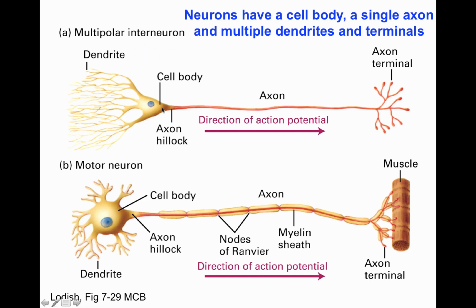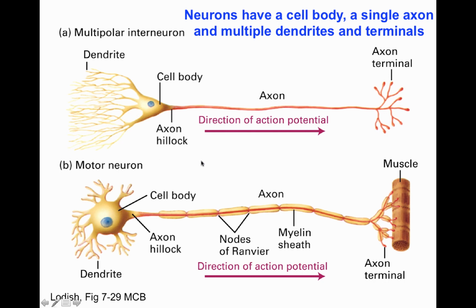And from the cell body, you have the extension of a membrane as a very long appendage called the axon. At the end of the axon, you have the axon terminal that is also separated into small protrusions that could then interact with cells through the membrane in a synapse. That is an example of a multipolar interneuron.